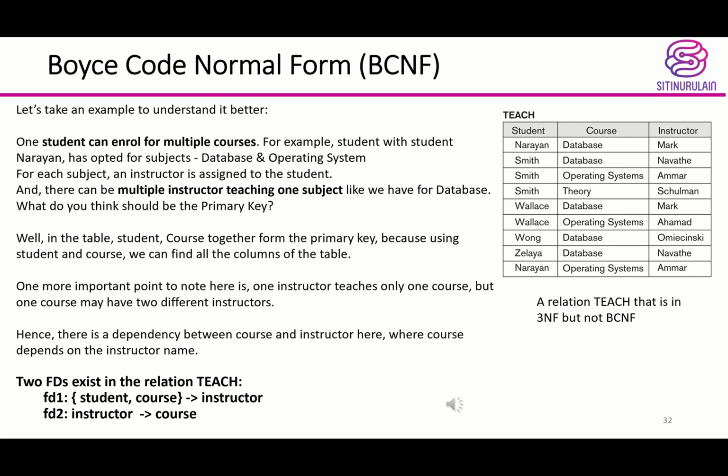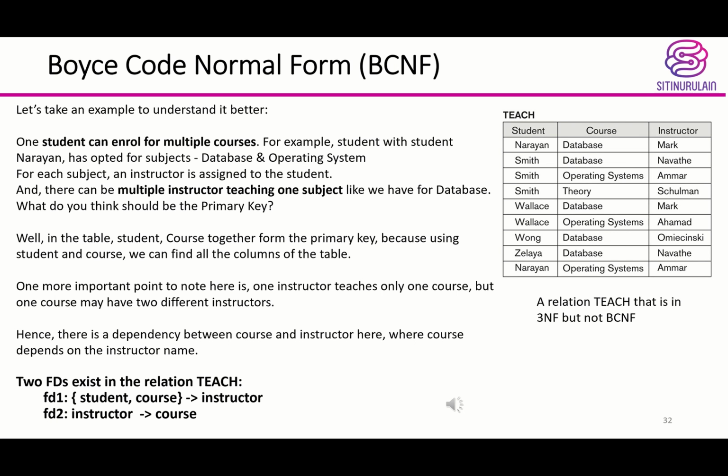Well, in the table, student and course together form the primary key, because using student and course we can find all the columns of the table. One more important point to note here is, one instructor teaches only one course, but one course may have two different instructors. Hence, there is a dependency between course and instructor here, where course depends on the instructor name.